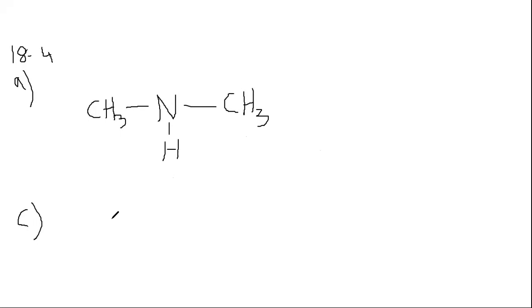Next, C. So clearly in C, they're asking for N,N-diethylaniline. So first let's draw aniline. We know aniline is this benzene ring attached to what? Nitrogen. If nothing is on nitrogen, then it becomes NH2.